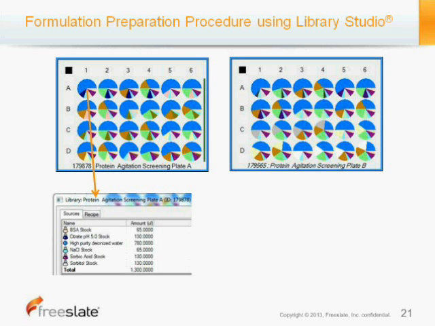These are the stock concentrations I have. This is the final volume. Calculate and create these formulations. And that's exactly what it does. So you basically just tell it what type of container, what your stock concentration is, what your target concentration is, what your target volume is, and it does everything else for you.